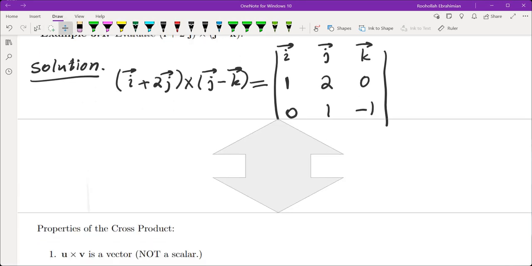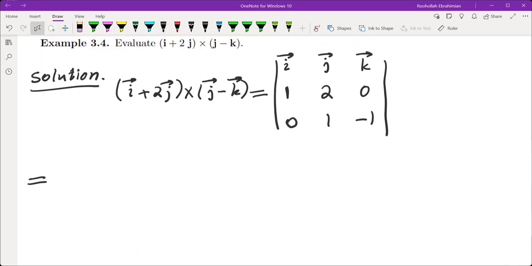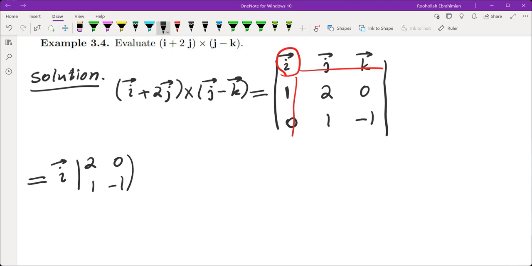And then what we do is simply expand this determinant based on what we just learned. So we take this one. So i multiplied by the 2 by 2 determinant obtained by removing this row and this column, 2, 0, 1, -1. Now, we talked about how the second term would have to have a negative sign, and then we eliminate the first row and the second column.